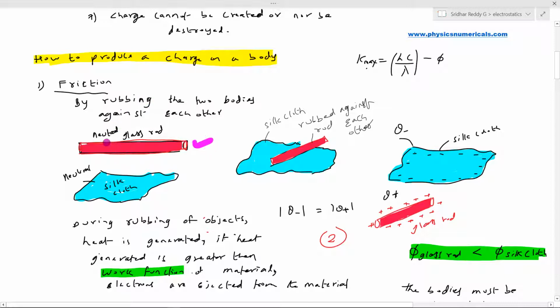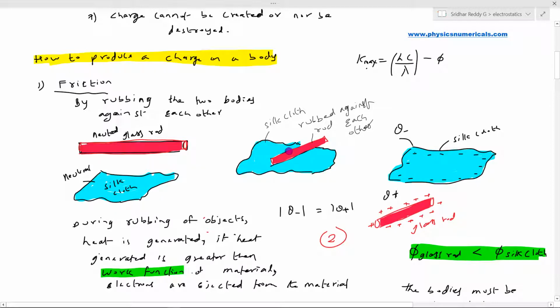So this is a neutral glass rod, a thin glass rod. Everyone having an idea? Glass rod. Okay, fine. Then a silk cloth. This is again a neutral silk cloth. Then I'll take the glass rod and rub it against the silk cloth.